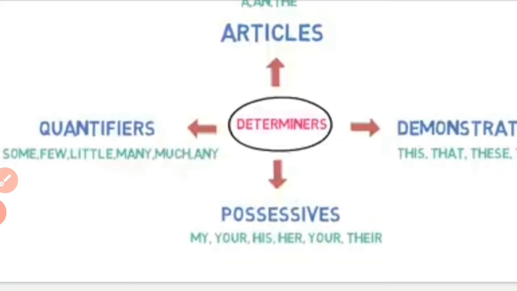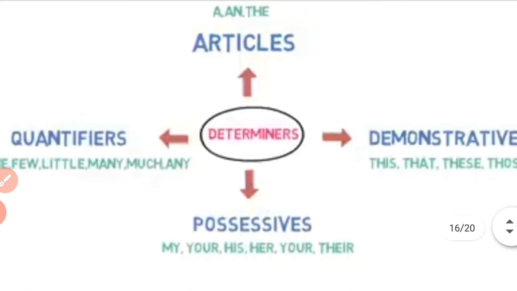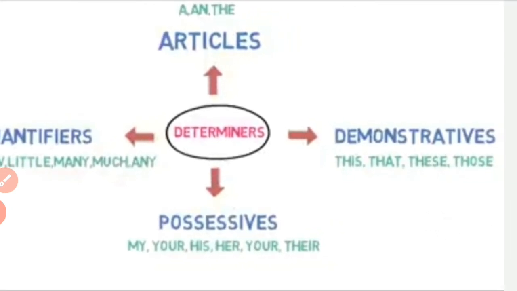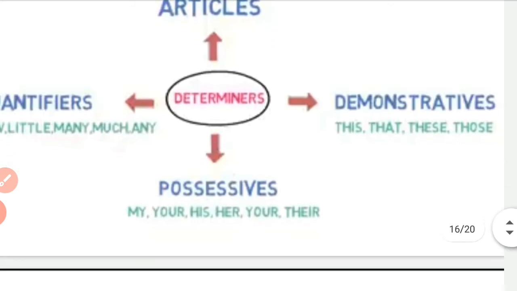You can see these are pronouns, but when they are used just before the noun, they act as possessive determiners. The same thing happens with demonstratives also: this, that, these, and those. These are actually demonstrative pronouns, but when we use these words to determine a noun, making it specific or general, they become demonstrative determiners.